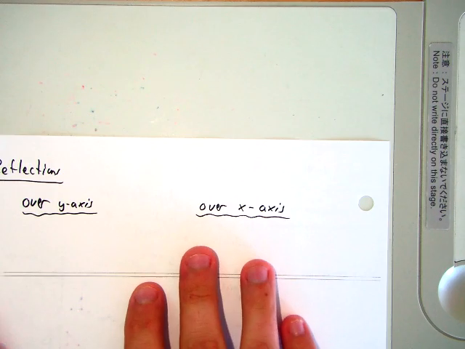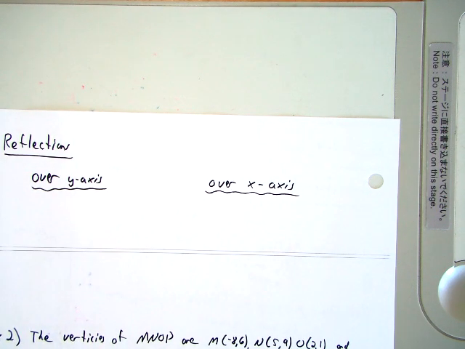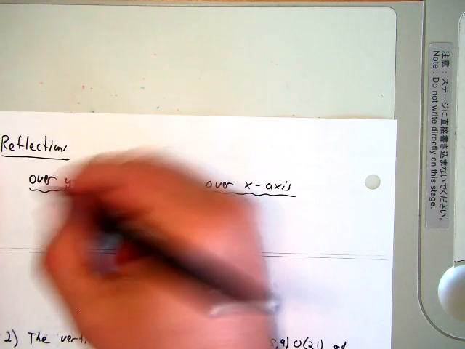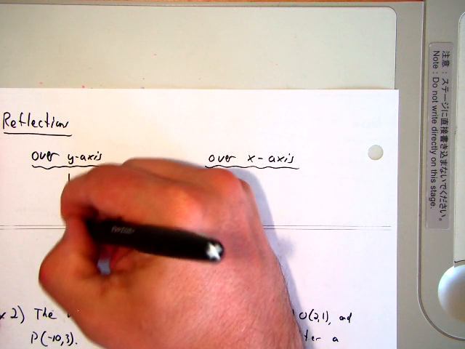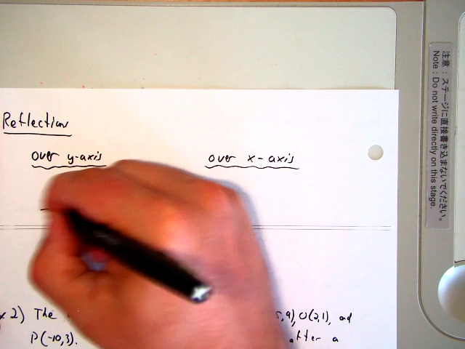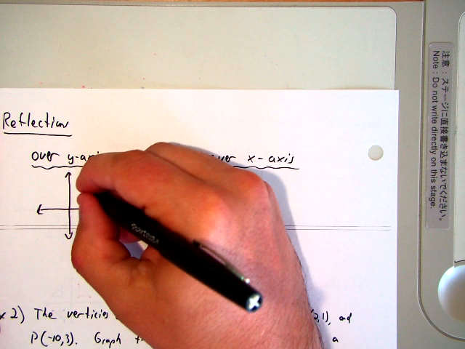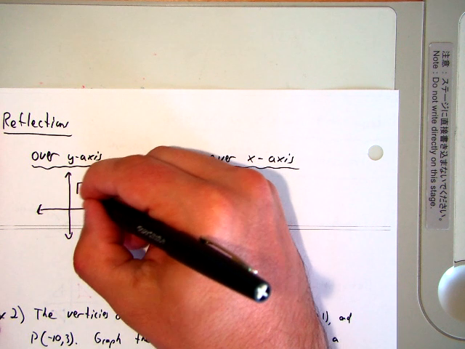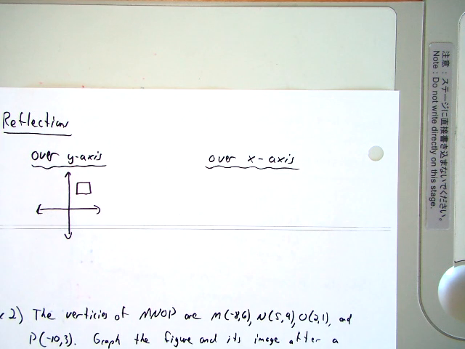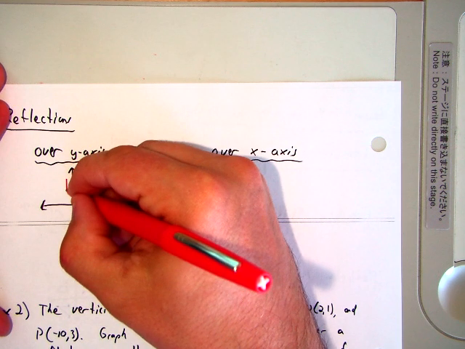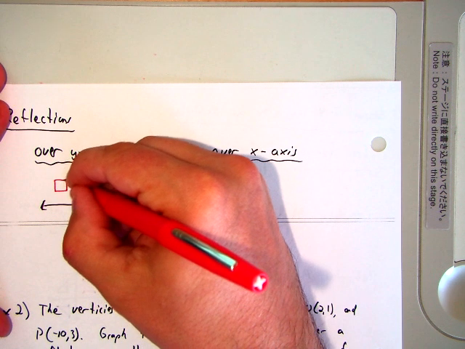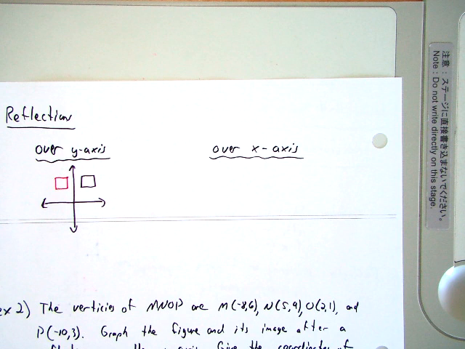Now let's talk about reflections. So if I'm looking at a reflection over the y-axis, if this is my coordinate plane here, the black square, that's the pre-image. And then the red square is the image.